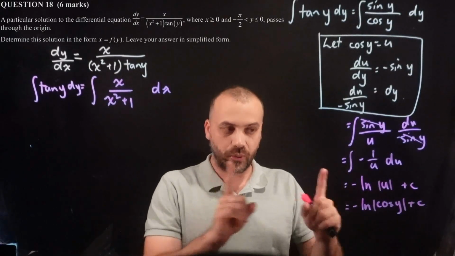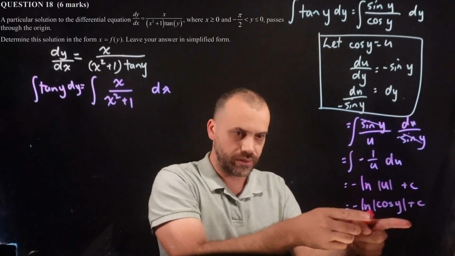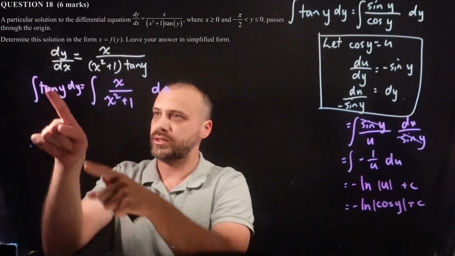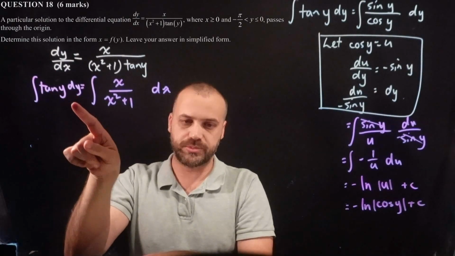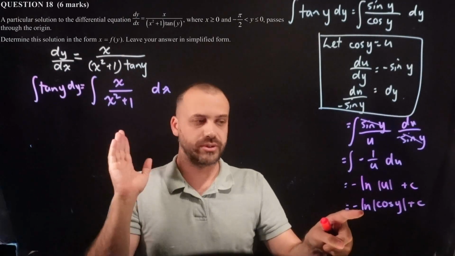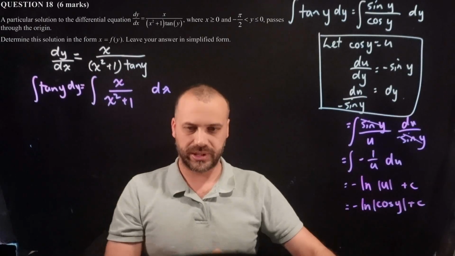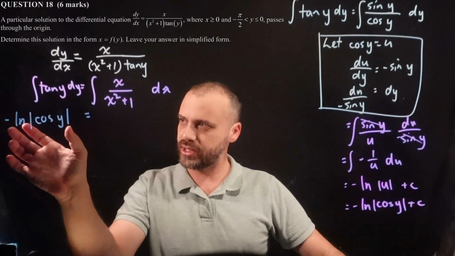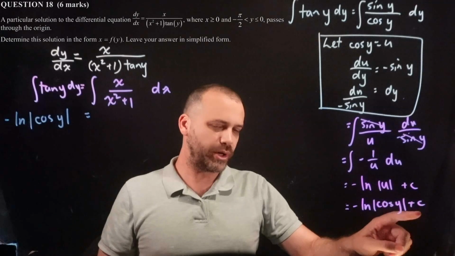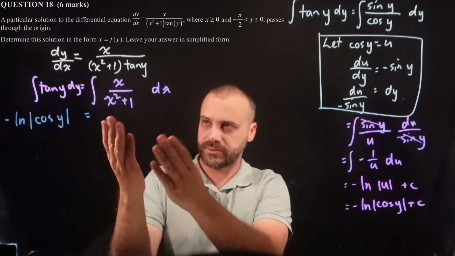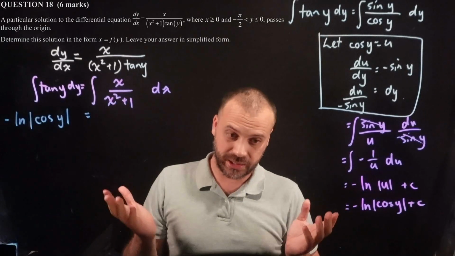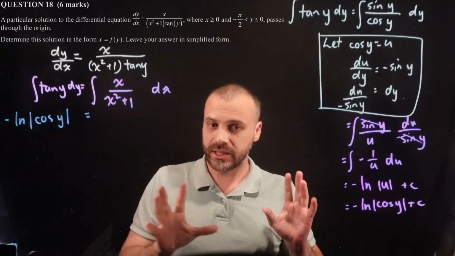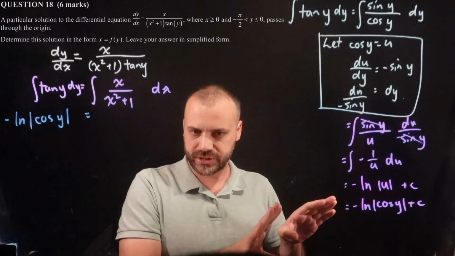All right, all of this work, the integral of tan y with respect to y is equal to negative ln |cos y| plus c. Now, I have put the negative ln cos y there. I might just leave off the plus c because I'm going to integrate this side as well. I'm going to end up with a plus c there as well. So let's put that aside for a second.